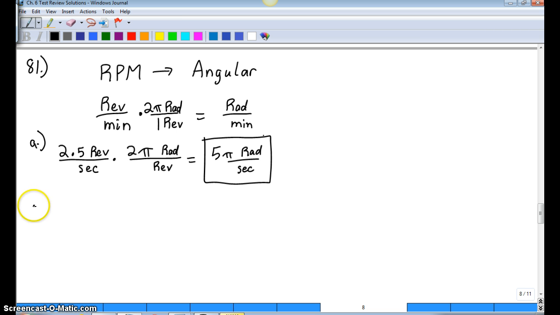Part B, here's where it gets not harder, it's just you got to be careful of what you're multiplying and dividing by. So we start with 5 pi, and our units are radians per second. Now I'm just going to put a bunch of fraction bars.